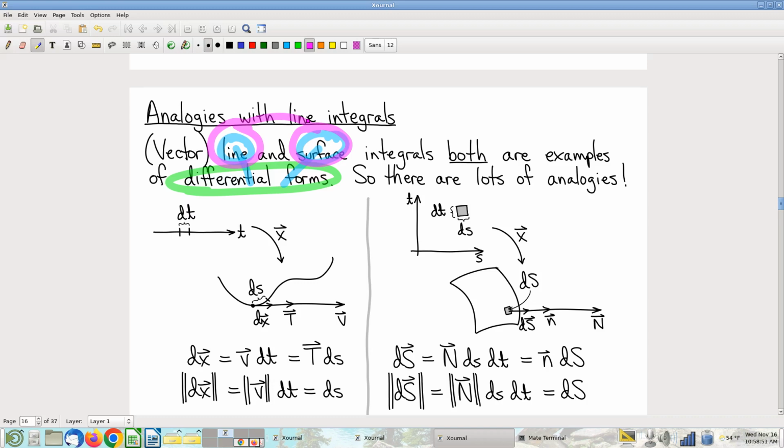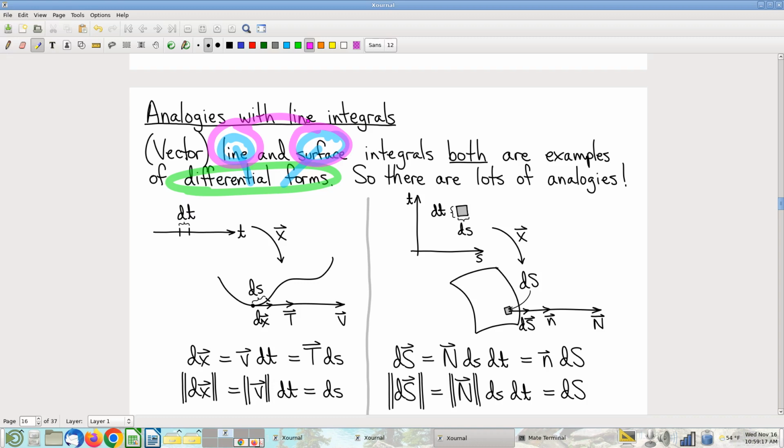Kind of plausible. I mean, without this discussion of differential forms, it would seem baseless to suggest it. Line integrals and surface integrals come up in totally different contexts. One is on a curve, the other is on a surface. One's about flux, one's about circulation. They're very different things. Why would there be any reason to think there should be any connection between them?